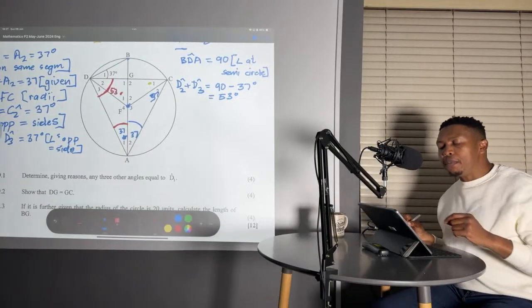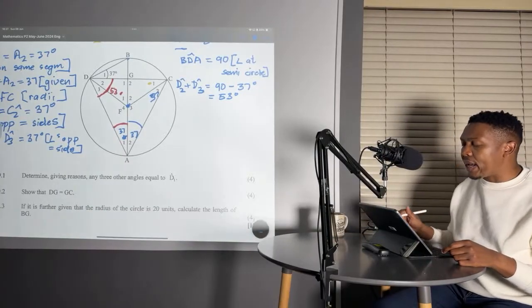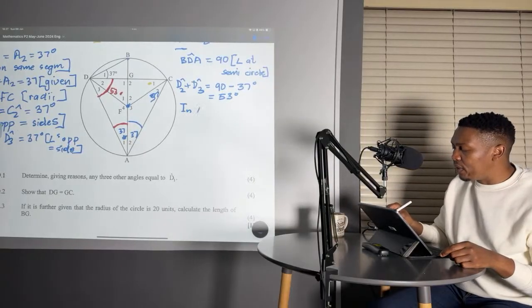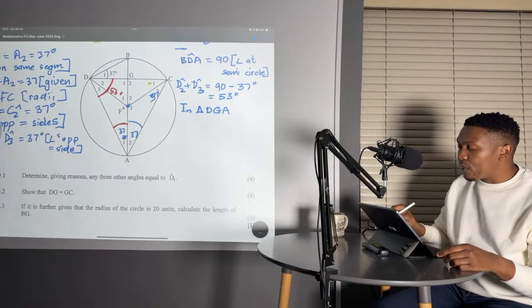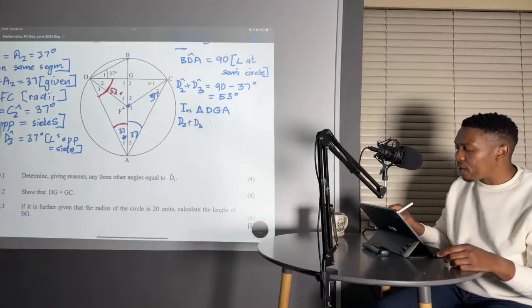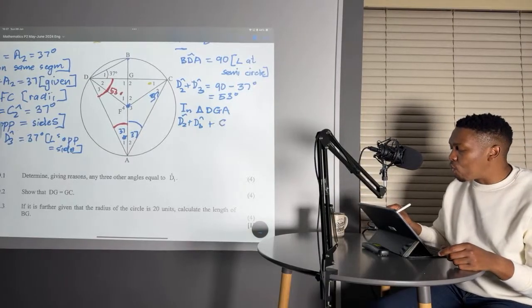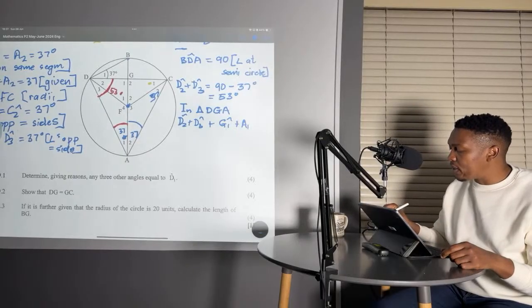Now, would we be able to get angle G1 in that case? I'm going to go to triangle DGA. So in triangle DGA, the sum of angles in a triangle: I'm going to take D2 plus D3, plus, please show the angles, guys, plus angle G1 plus angle A1.